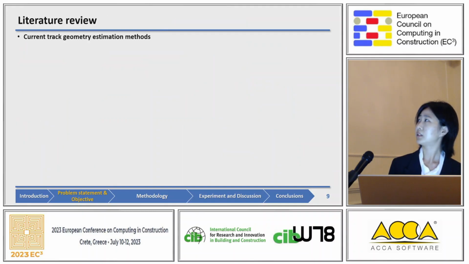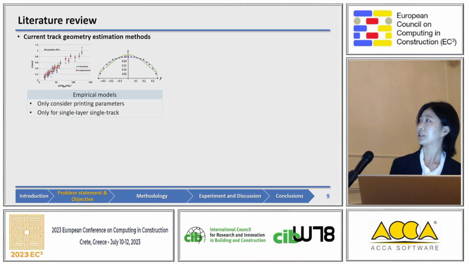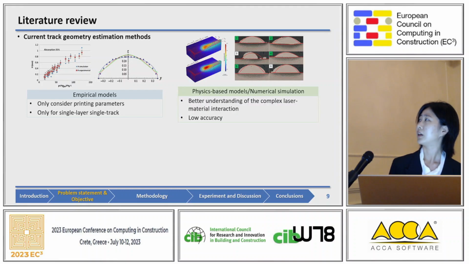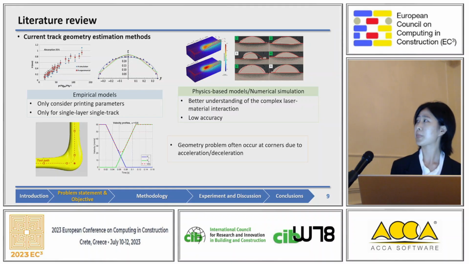And existing literature for the geometry estimation uses empirical models, which only consider printing parameters or a single layer, single track. And the physics-based model with numerical simulation will give us better understanding of the complex laser material interaction process, but it has low accuracy.